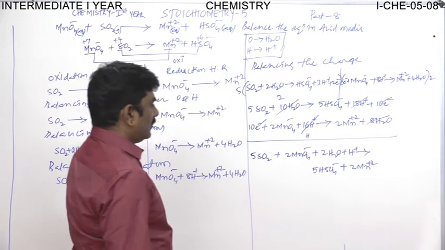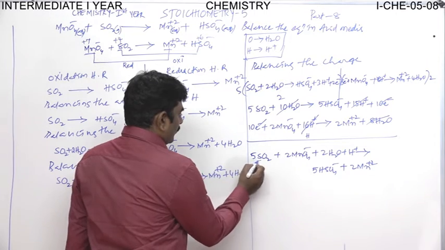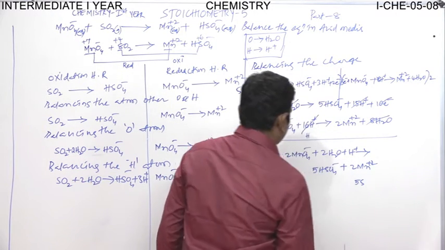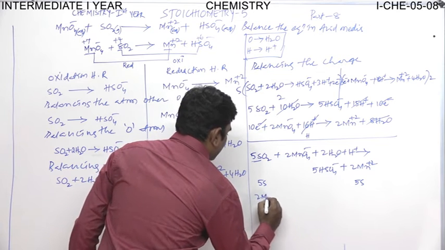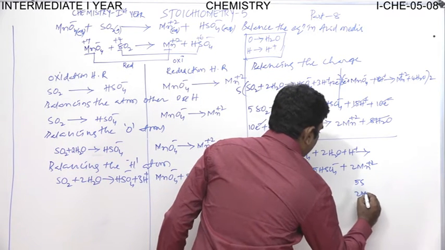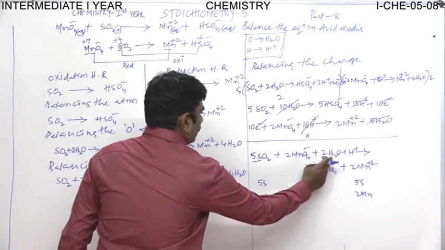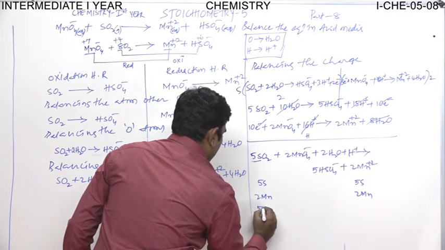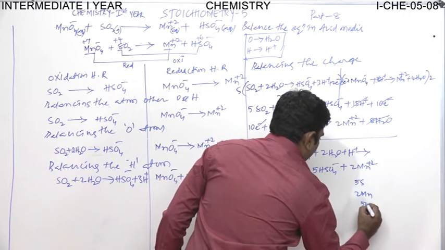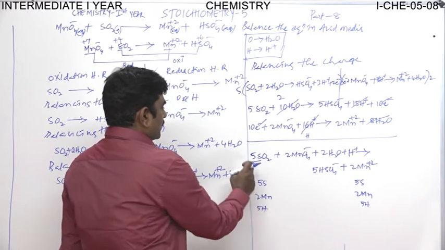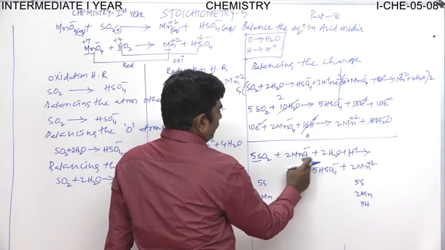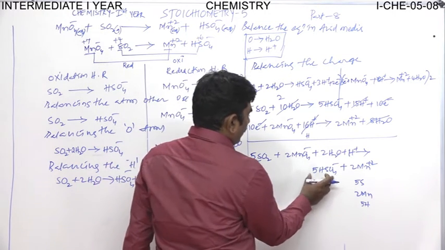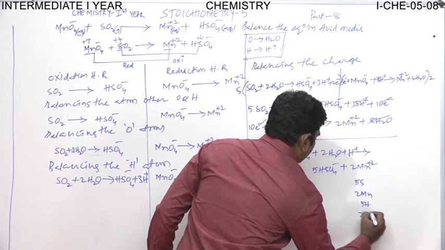No. So let's check: 5 sulfurs this side and 5 sulfurs this side. 2 manganese this side and 2 manganese this side. This side 4 plus 1, 5 hydrogens, and the product side also 5 hydrogens. Oxygens: 10, 18, 20. So 20 oxygen atoms, and this side 5 fours are 20 oxygen atoms.